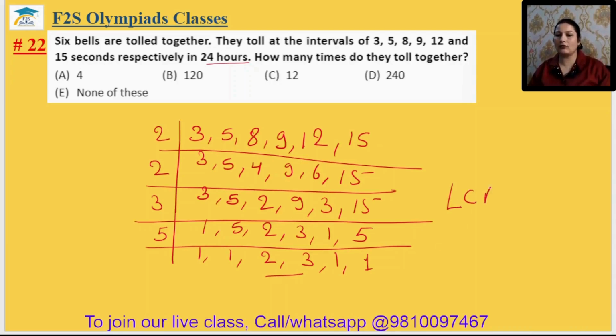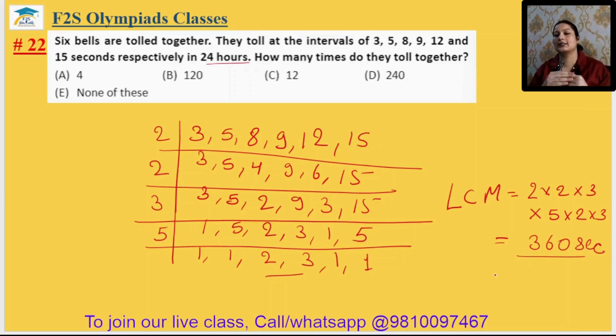So the LCM will be 2 multiplied by 2 multiplied by 3 multiplied by 5 multiplied by 2 multiplied by 3. 2 twos are 4, 4 threes are 12, 12 fives are 60, 60 twos are 120, and 120 threes are 360. So every 360 seconds, the bells will toll together.